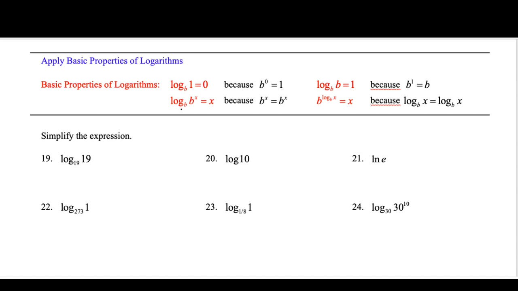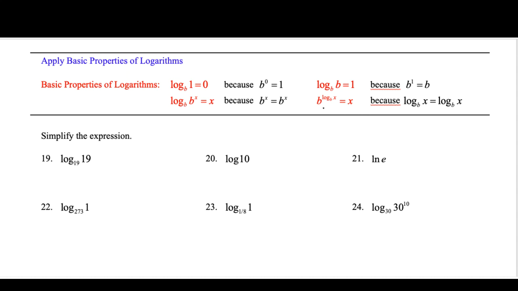Log base b of b to the x is equal to x, right? We looked at a couple of natural logarithms that were similar to this, right? And that's just simply because b raised to the power of x is equal to the argument, which is b raised to the power of x, right? So this is the corresponding exponential form, right? That's why that's the case.